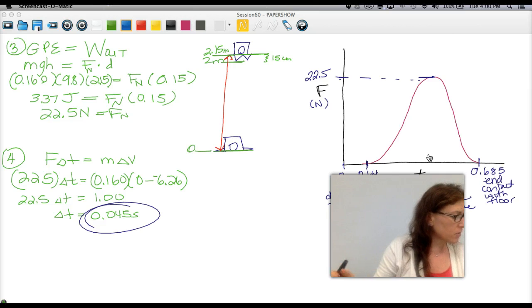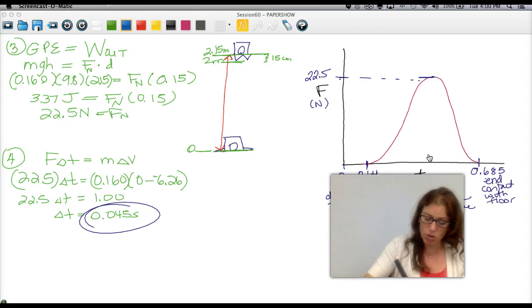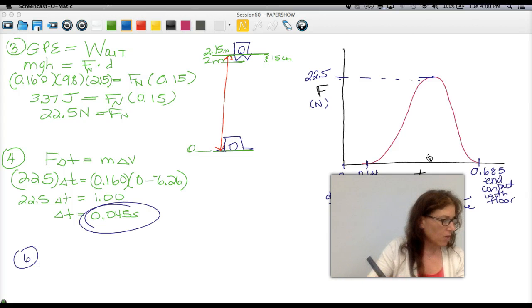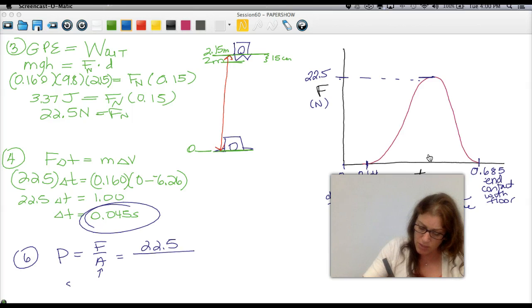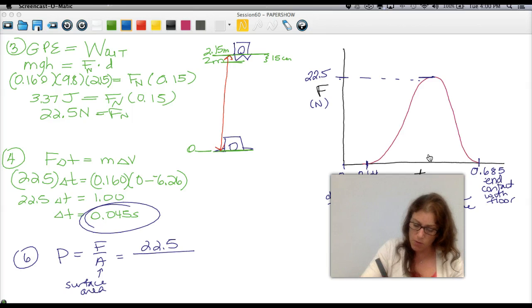All right, and then number 6, use the pressure relationship to find out how much pressure was exerted on the EPD. So pressure is force over area. We've got the force is 22.5. The surface area, right, because that's what this is, surface area. The surface area is going to be the base, right, the area of the base of this contraption.